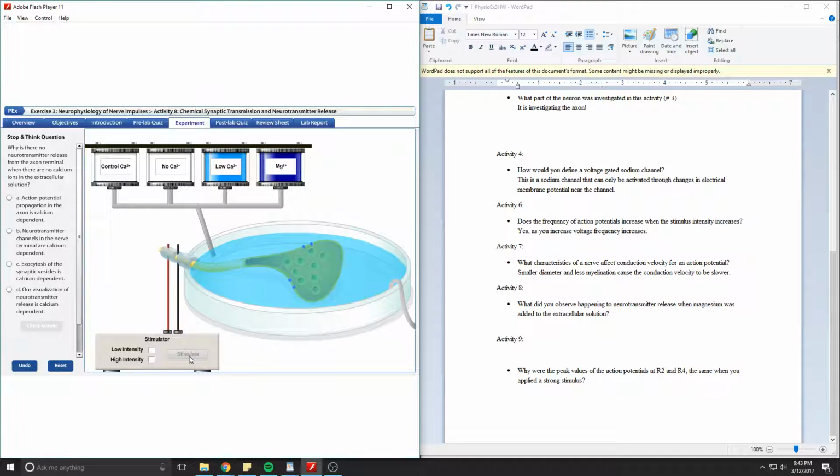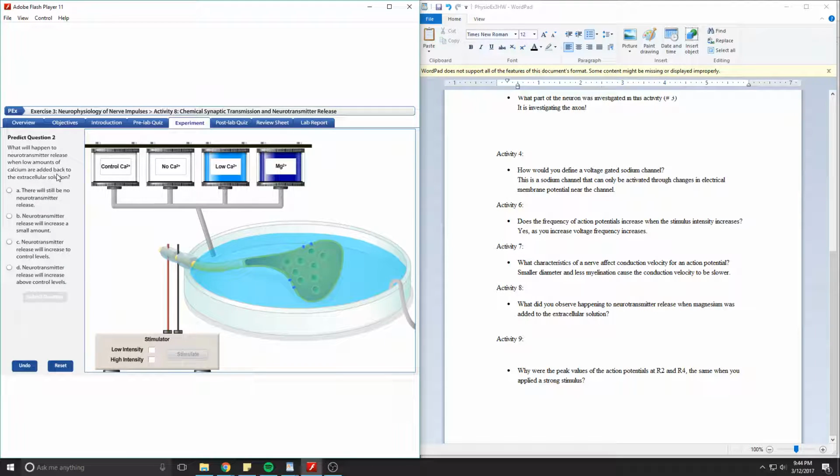Action potential propagation in the axon is calcium dependent. Yeah, I guess that's true. Neurotransmitter channels in the nerve terminal are calcium dependent. Exocytosis. We're going to go with that one. Yeah, so exocytosis of synaptic vesicles is calcium dependent.